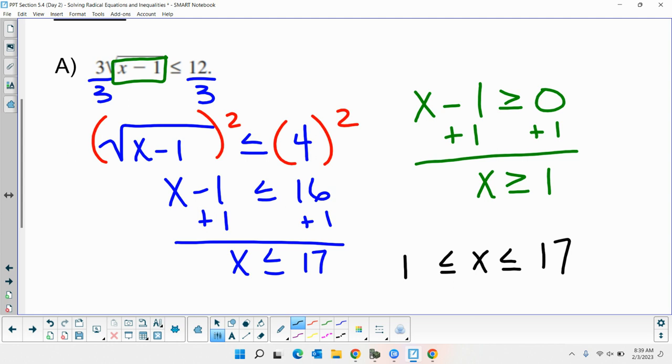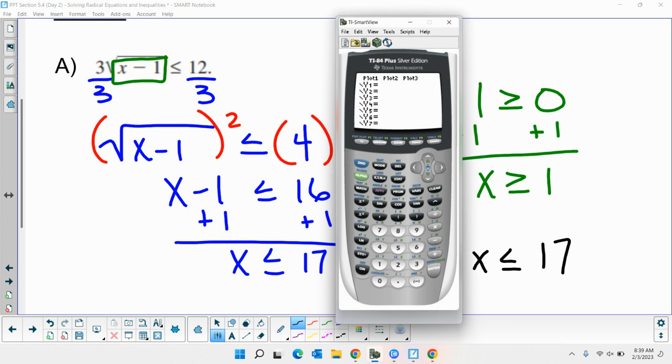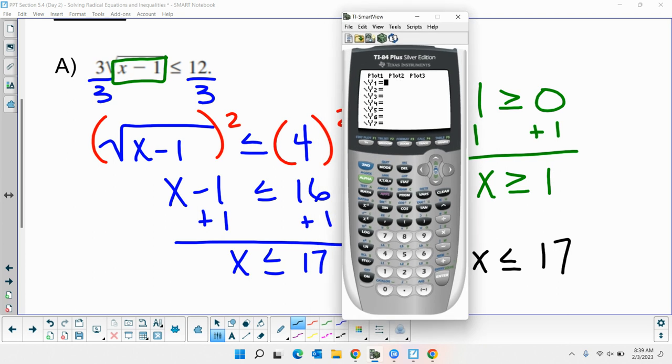And if you wanted to, we could check the graph of this. Let's move this over here. All right. So just put 3 square root, second squared, and then x minus 1, parentheses. And the other one's 12, right?